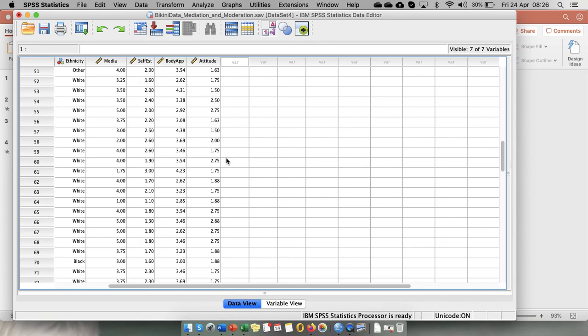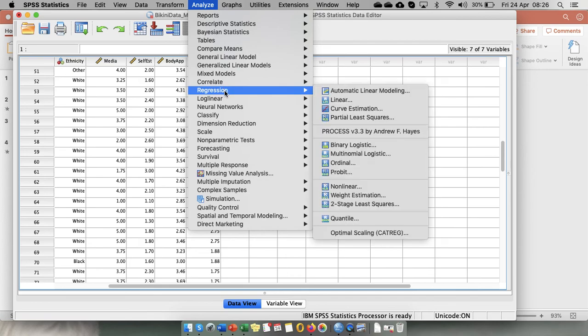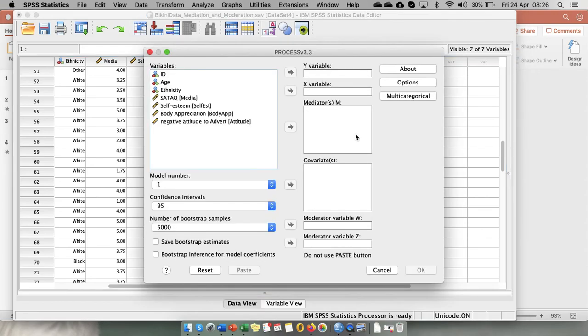And to perform the analysis, go to Analyze, Regression, and when you have the process macros installed, you will get this menu. Press on it, and this is the dialog box that will open where you can specify all your variables. So Y variable is the dependent variable.